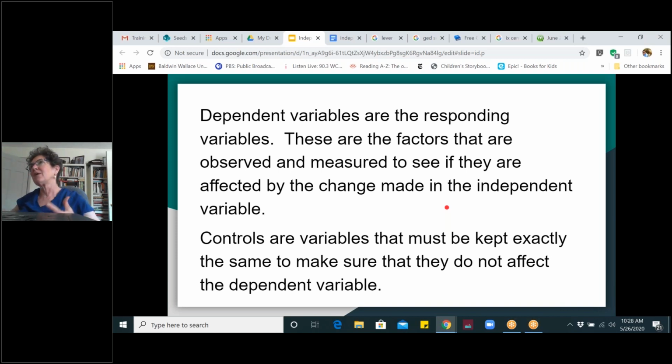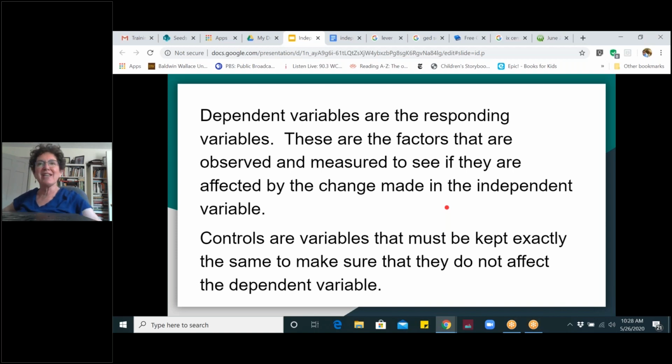It's not as simple as saying which variables change because they are both going to potentially. It is which one do I manipulate? And notice I don't say control. Which one do I have in my control? Because that word we've used to mean what are the things that are the same.